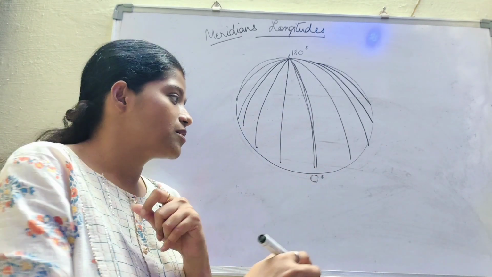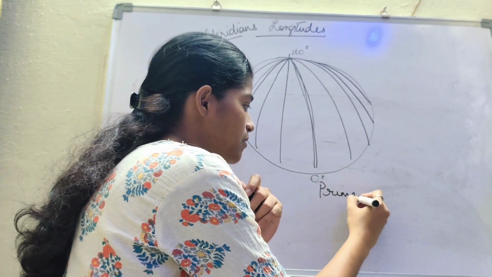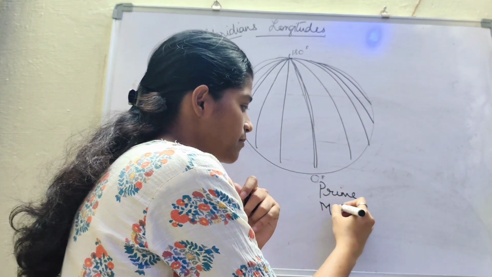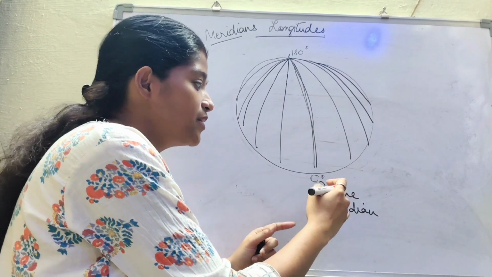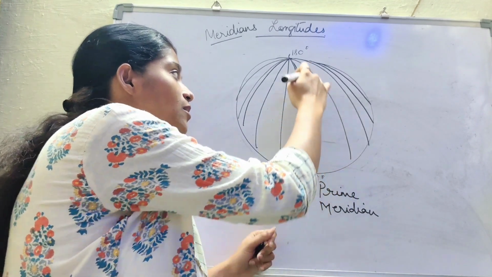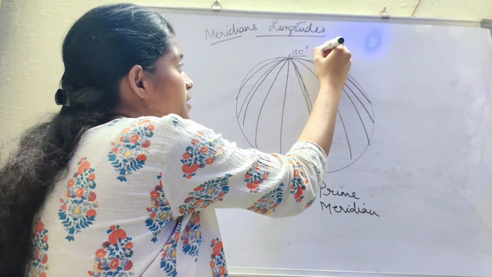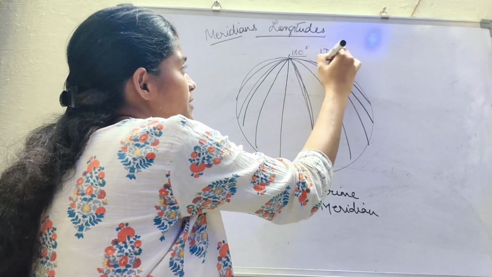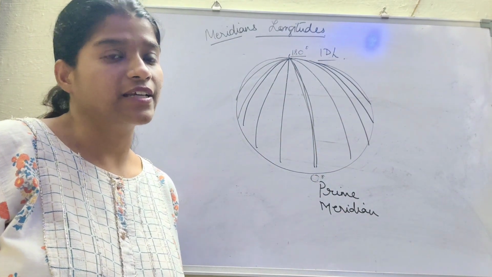This 0 degree line is called the prime meridian, and the line which lies diagonally opposite to it is called the international date line.